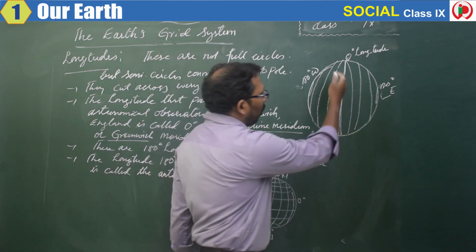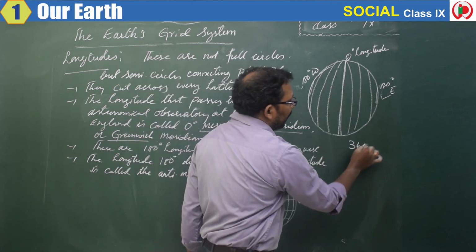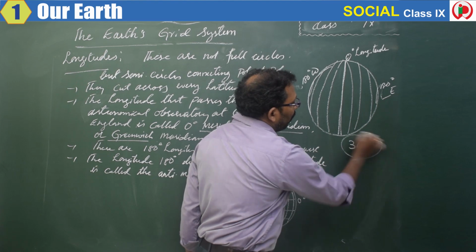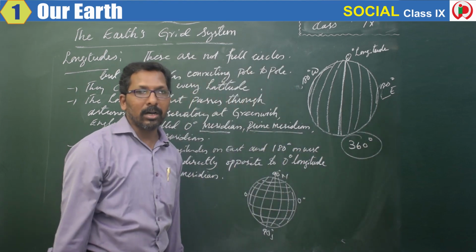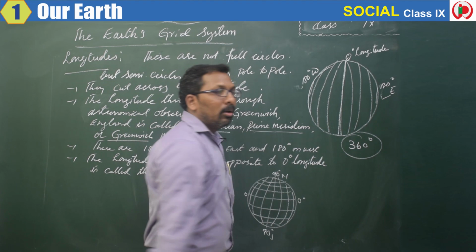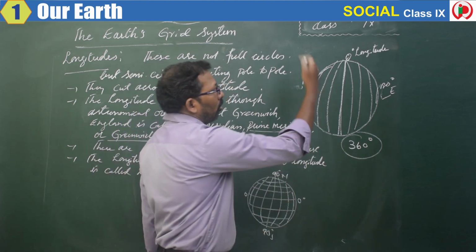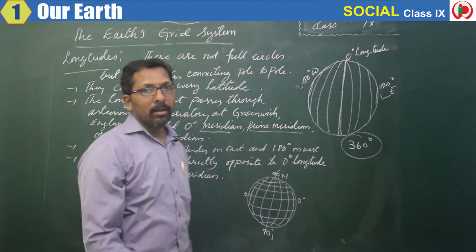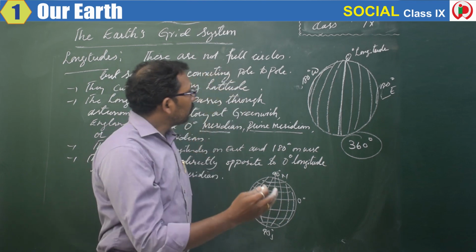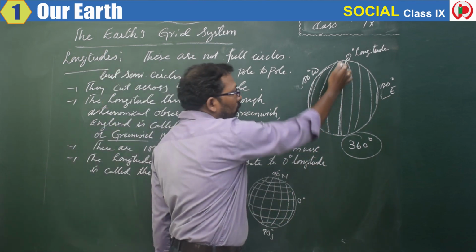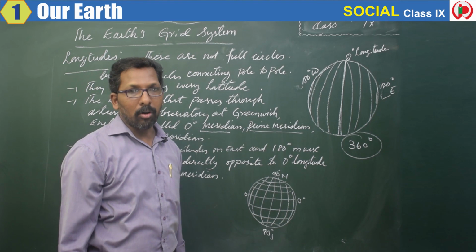In total, 360 degrees of longitudes are drawn on the globe from pole to pole, right?